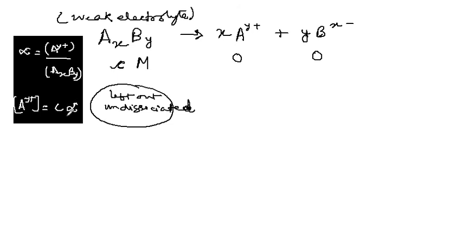Similarly we can see that for the B, it would be C alpha as well. So what we have is C alpha for the cation, but we also see this cation is X times, so we are going to multiply this C alpha with X. Similarly for the anion, we would also have Y times the C alpha.